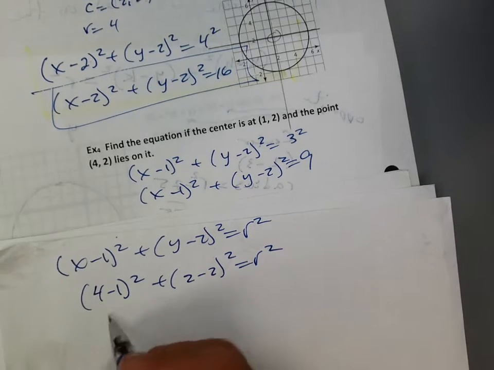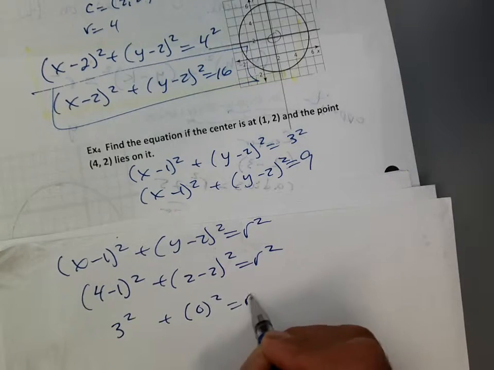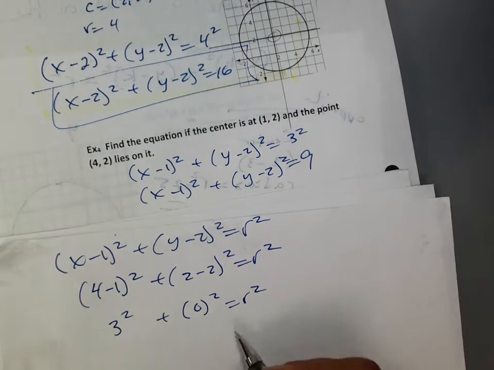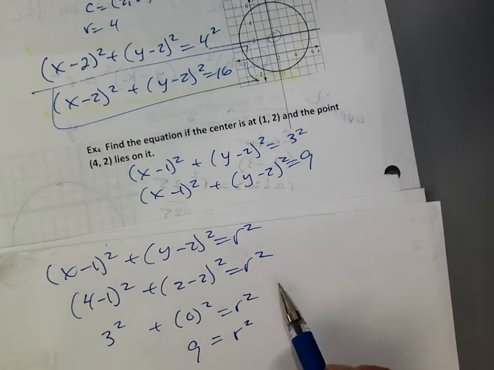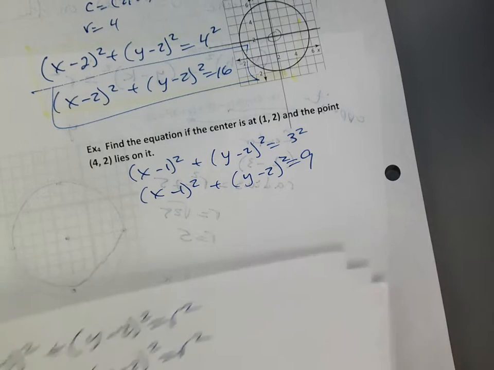Or I've got 3² + 0² = r², and guess what? There it is, r² is 9. You guys agree? So then r² = 9, and you can just plug it into the equation. That's the mathematical or algebraic way to prove it. But that's easy. You guys agree? It's probably easier just to graph it, though, okay?